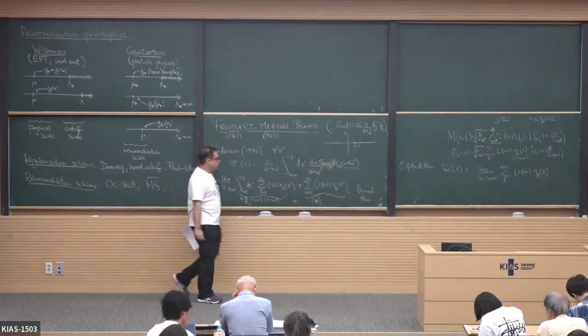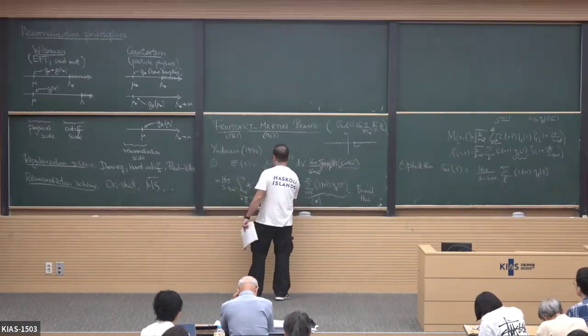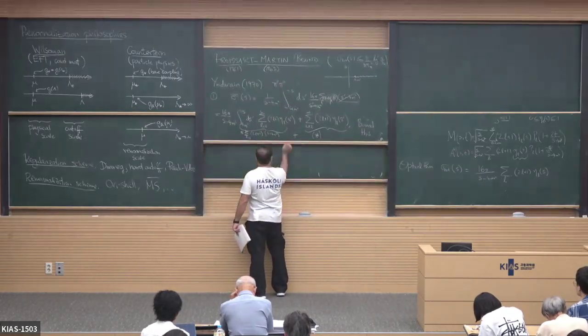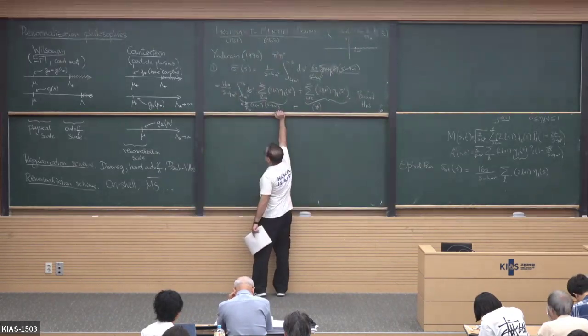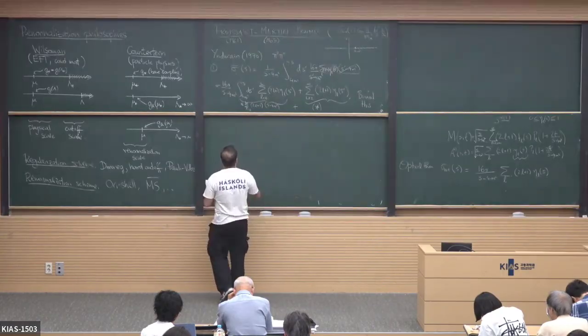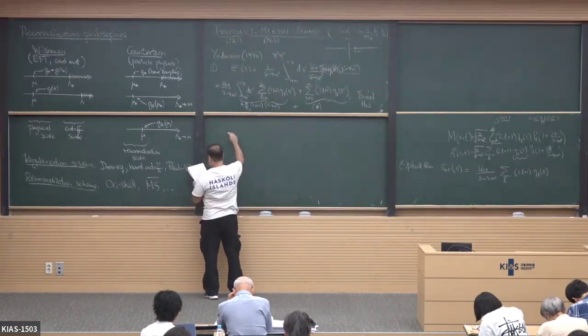So now doing this sum is straightforward. For a while, I'll be careful with factors, but ultimately, I won't be that careful with factors. So for now, I'll be careful with factors.